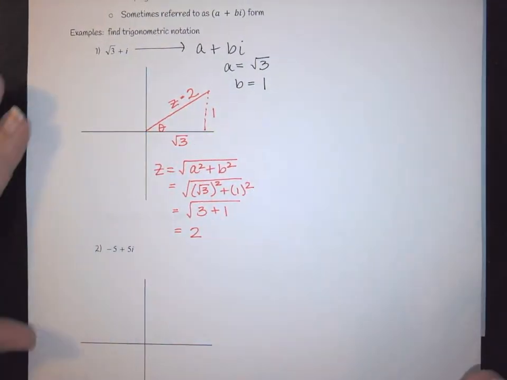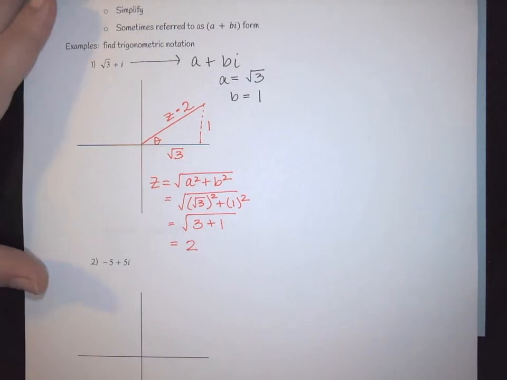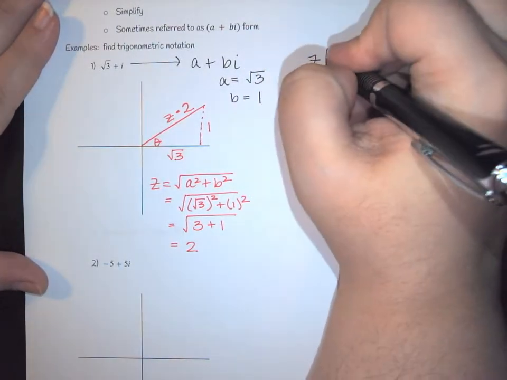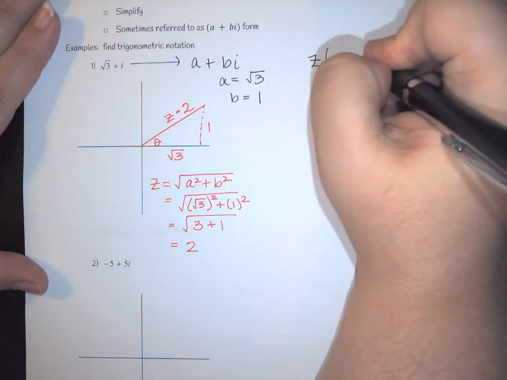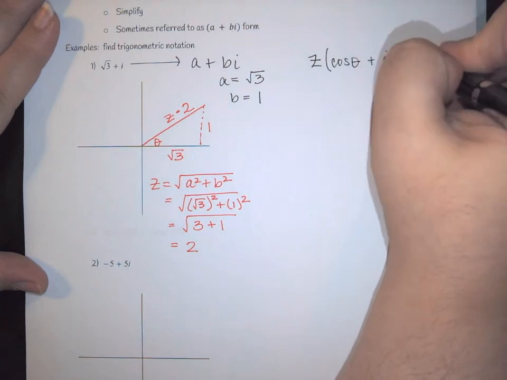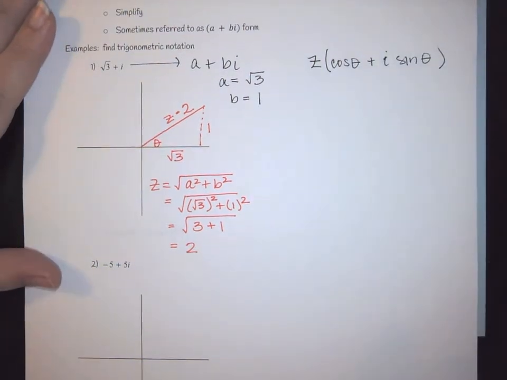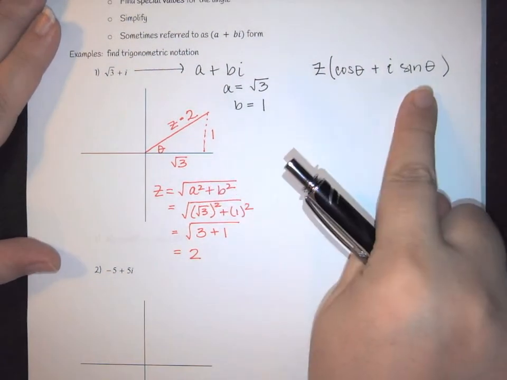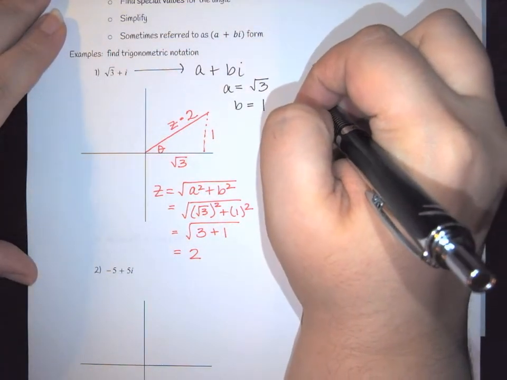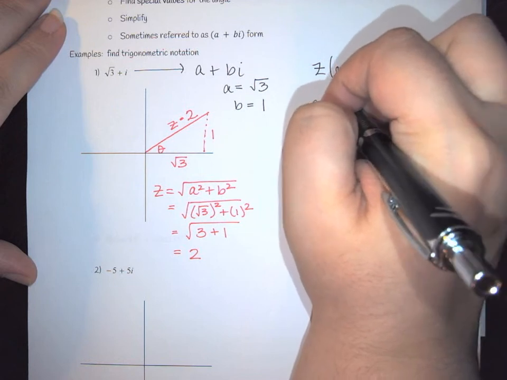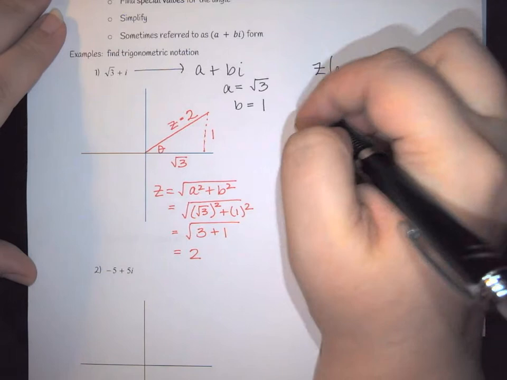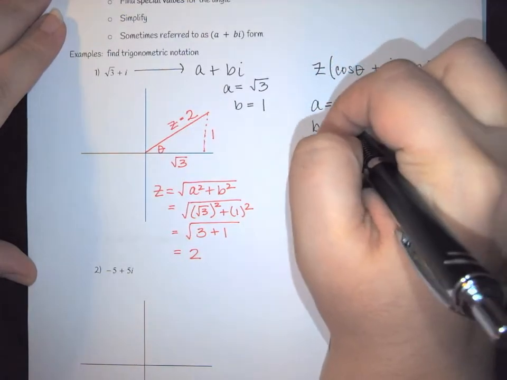So we also know that we have our trig notation, which says z times the cosine of the angle plus i sine of the angle. So I need my cosine and I need my sine. To find that, I know that a is equal to z cosine of theta, and I know b is equal to z sine of theta.